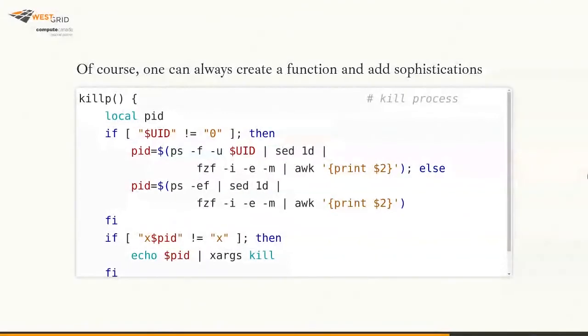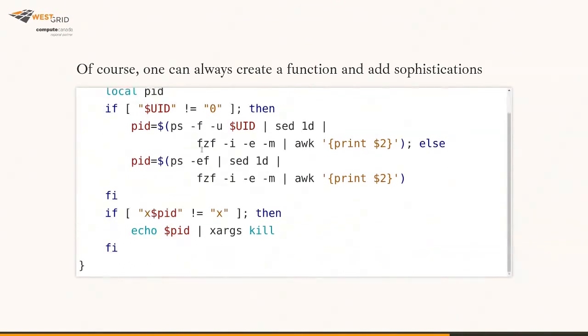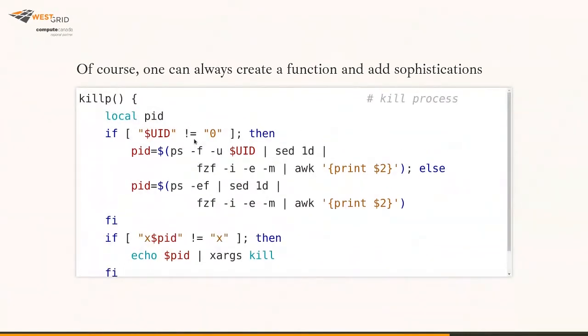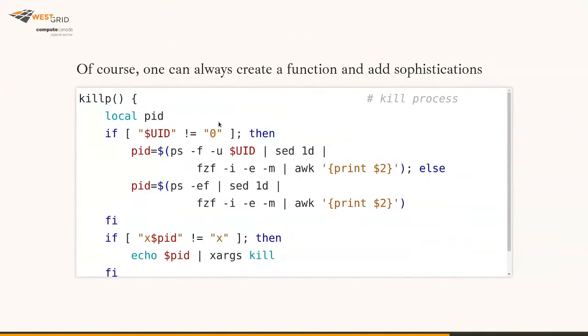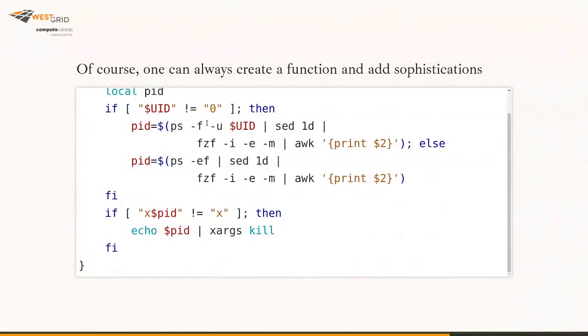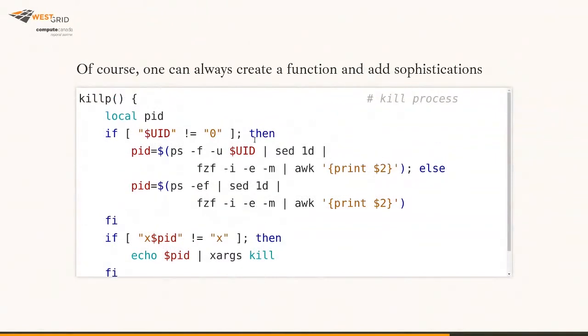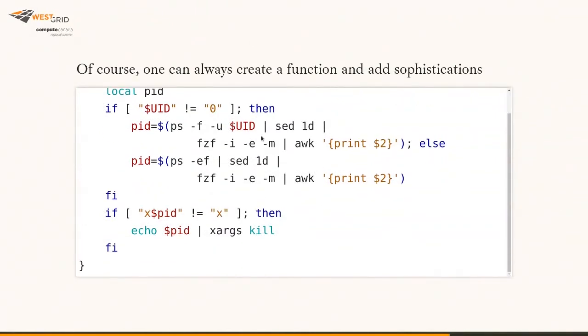And then you could create, as we saw previously, a function with this. And if you do so, and you put this in your bash RC file, you can even get more fancy by making sure that the process isn't a root process, and by inserting a number of checks. You can make things as sophisticated as you want.